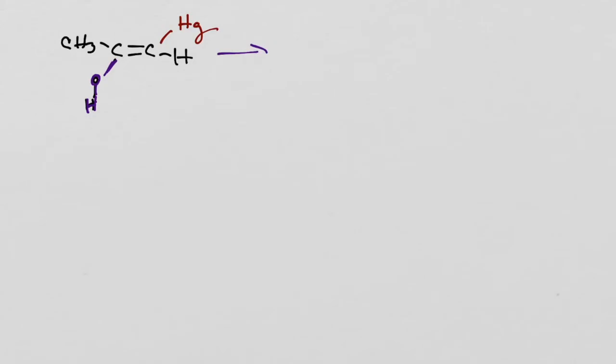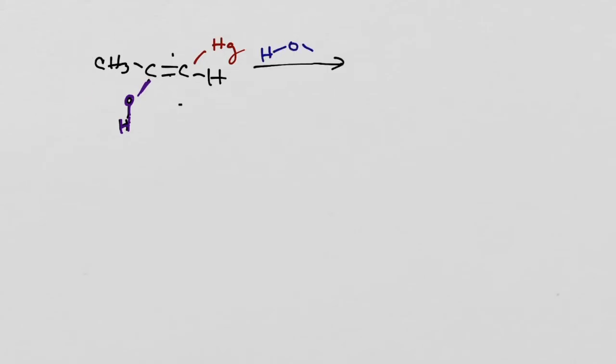Continuing with our mechanism, we've got a lot of H3O+ present because we did add sulfuric acid. We're going to do a proton transfer, and that proton is going to add to give us the most stable carbocation.